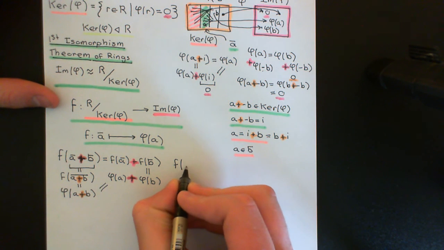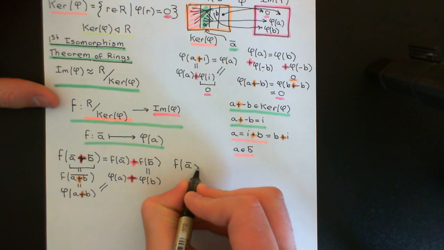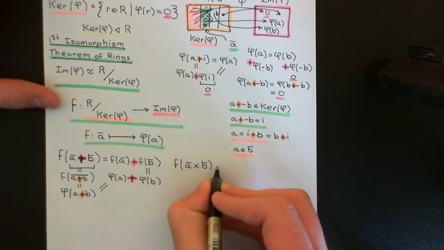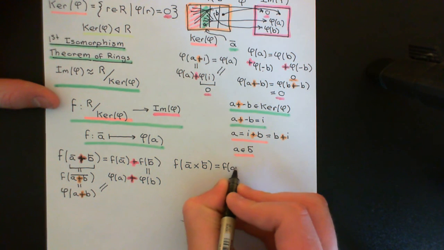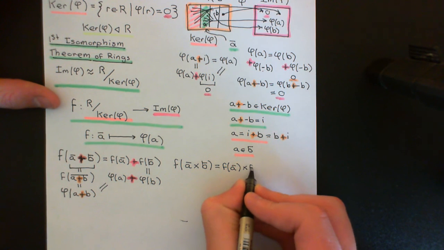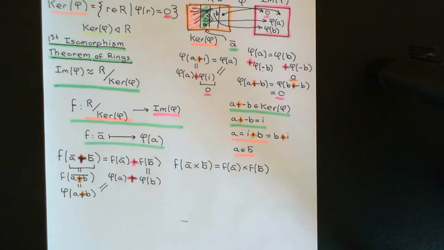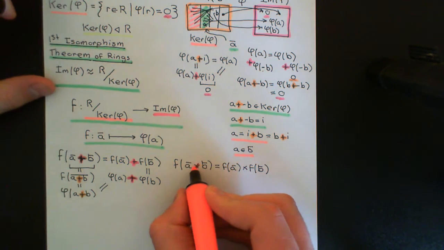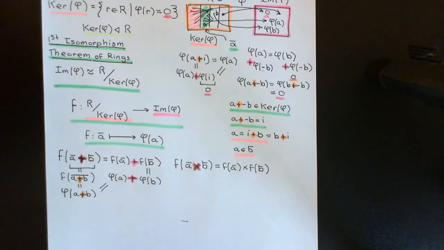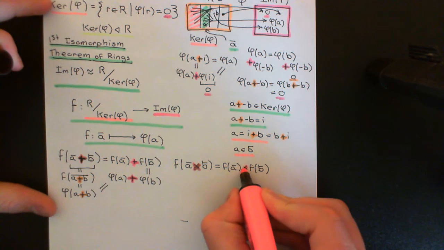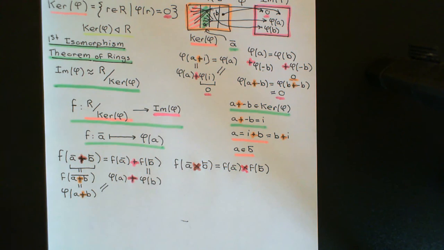So if we want to prove that f of a bar times b bar is equal to f of a bar times f of b bar, we're just going to apply the definition and reduce it into a statement in terms of the ring homomorphism in exactly the same way. So this is multiplication of the cosets, so this is multiplication in the quotient ring, and this is multiplication in the image of the homomorphism here, so we'll have it in purple.